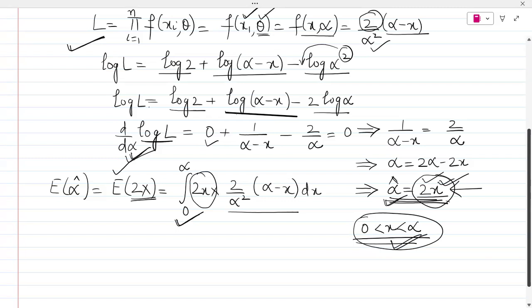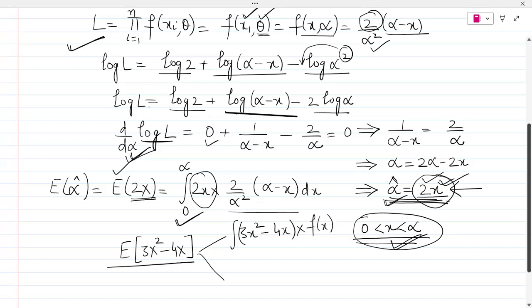Okay. So suppose I am calculating the expected value of, say, 3x square minus 4x. Then this will be the integration of 3x square minus 4x into the corresponding PDF, over the range of the random variable, so the limits will be according to the range of the random variable.